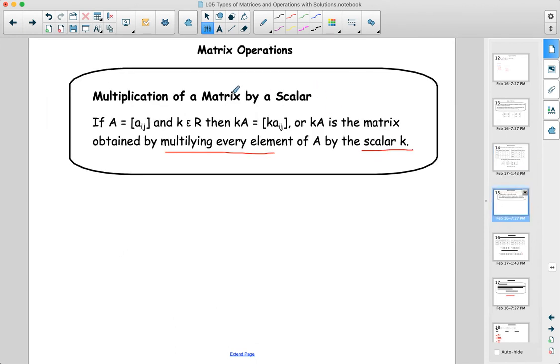So that's going to lead to our first definition. If you want to multiply a matrix by a scalar, this is how we do it. So suppose we have a matrix represented like this.